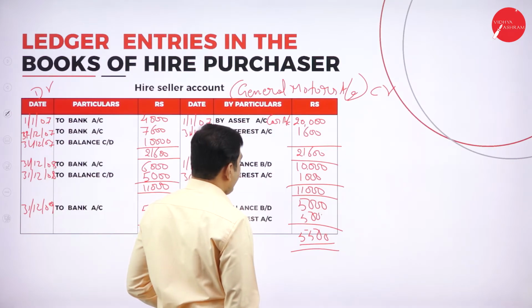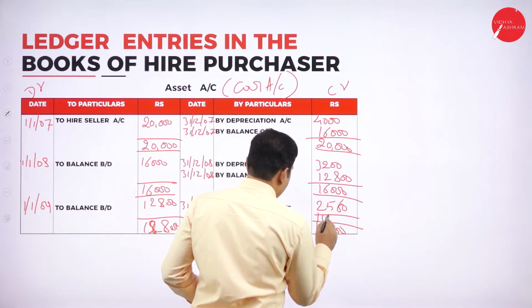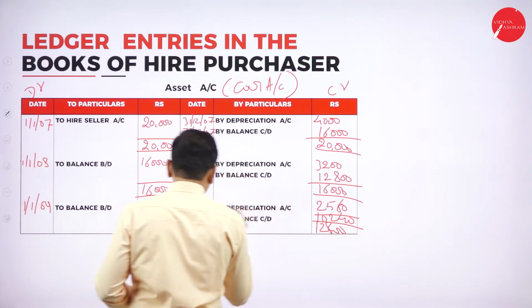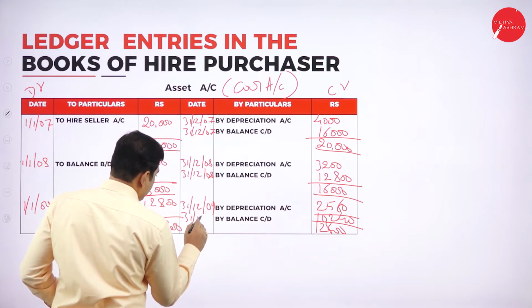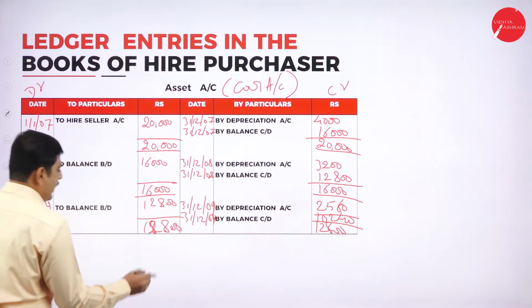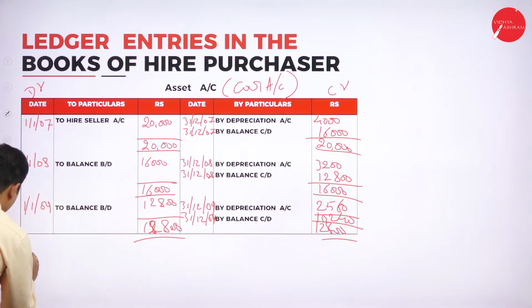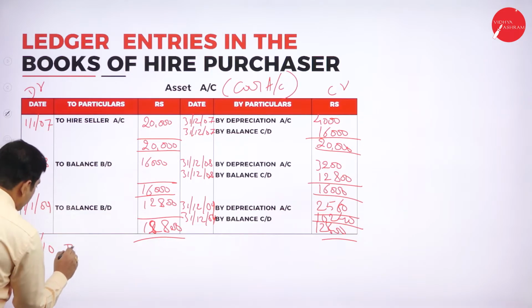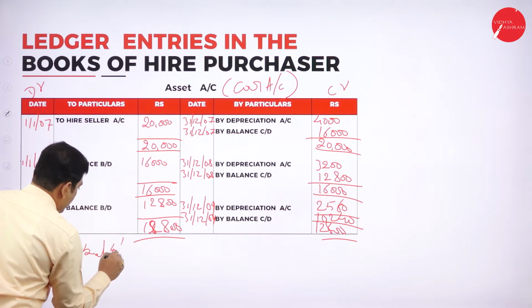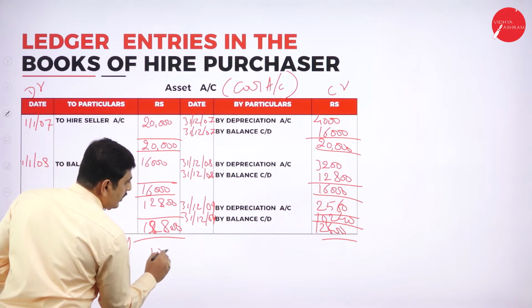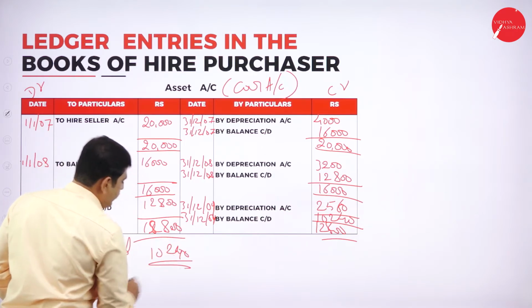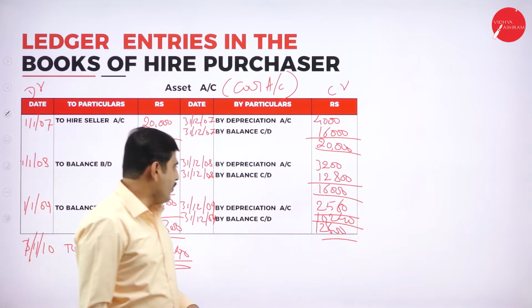It is 10,240. Again, on what day? 31st 12 2009. Again we have to bring it down for the next year. On 1/1/2010, balance brought down: 10,240 should be brought down. This is the asset account.